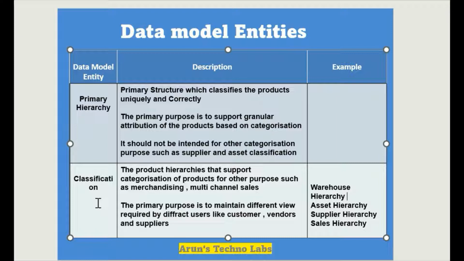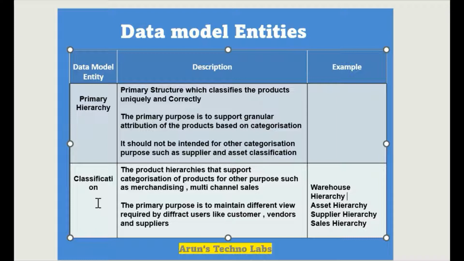It is advisable to use only one, so it shouldn't be duplicated. For any other classification, you can take a reference like a warehouse hierarchy, brand hierarchy, asset hierarchy. These can be alternative classifications.